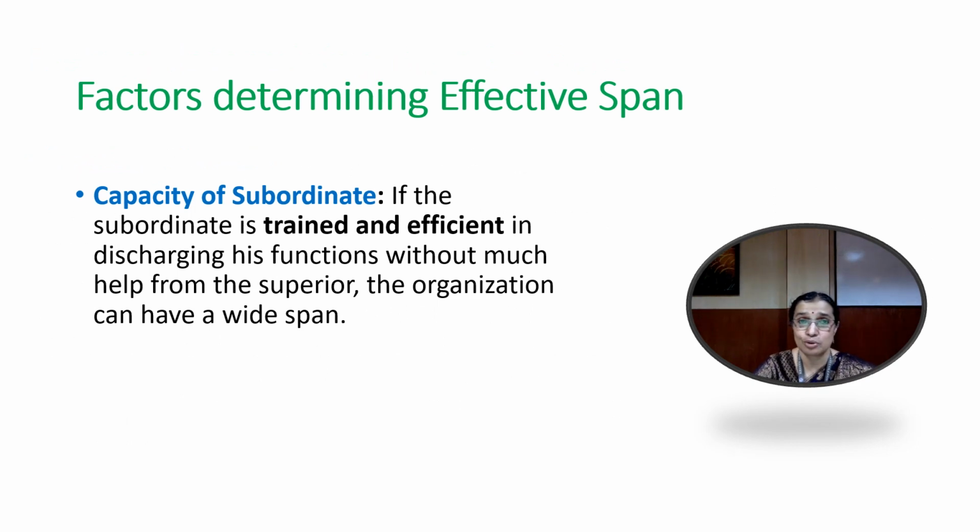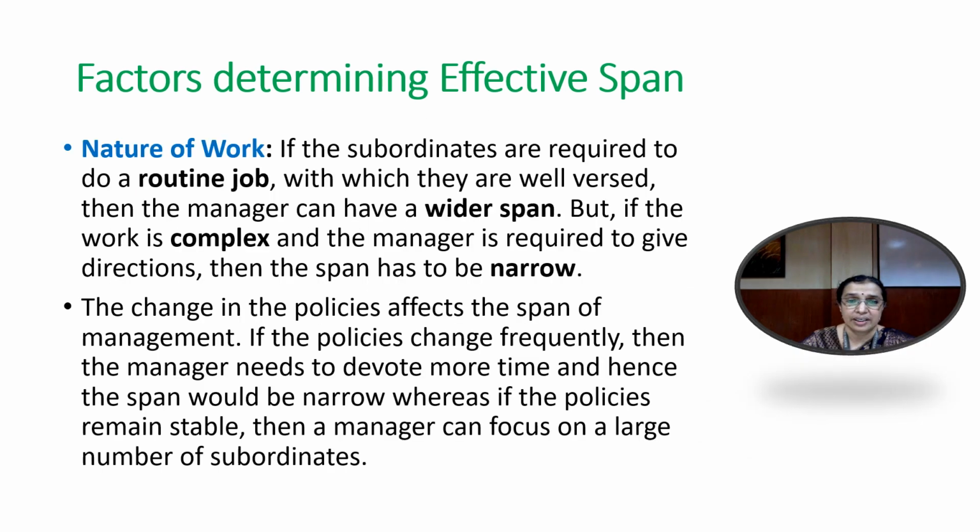Capability of the subordinate is also very important. If the subordinate is highly competent and highly trained, and not much supervision is required, then you can go for a wider span of control. If that is not possible, then it is better to go for a narrow span. So the capability of the subordinate is important in choosing what span has to be taken into consideration.